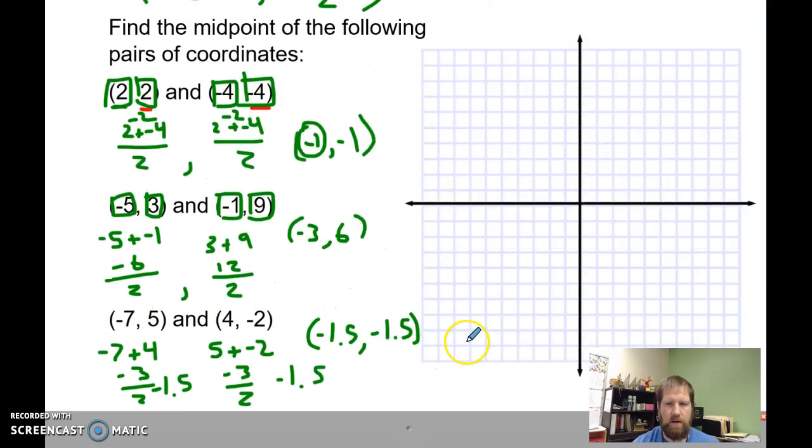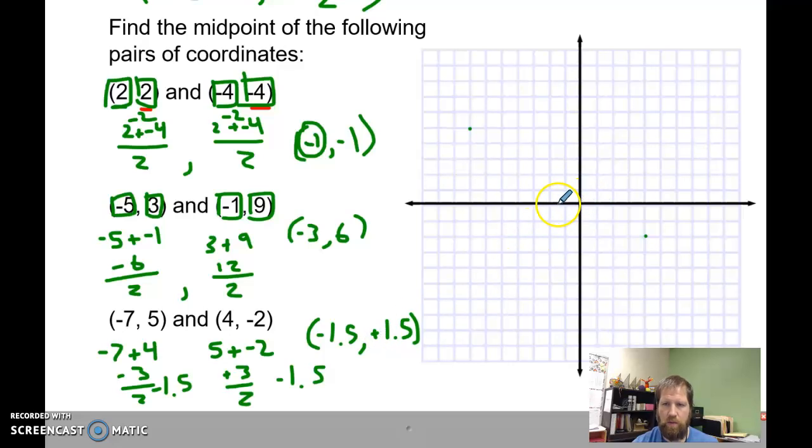And let's go ahead and graph all of those points. So I've got a negative 3, 4, 5, 6, 7. 1, 2, 3, 4, 5. And 1, 2, 3, 4. Negative 1, 2. Oh, this should be a positive. Man, I'm making mistakes left and right.